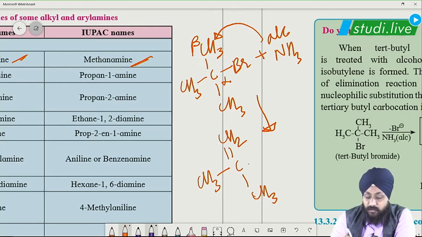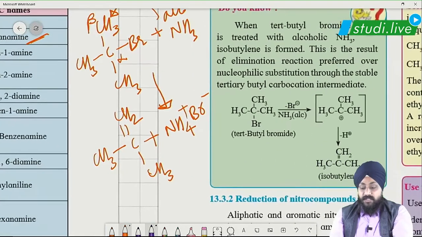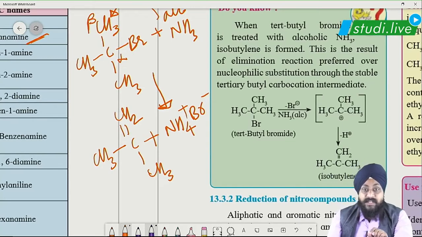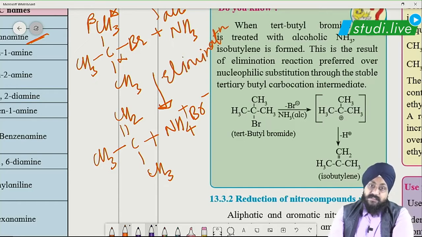Along with that you are going to get ammonium bromide. And the product formed is going to be your alkene. So care should be taken that the alkyl halide is not tertiary, because it will undergo elimination instead of substitution.